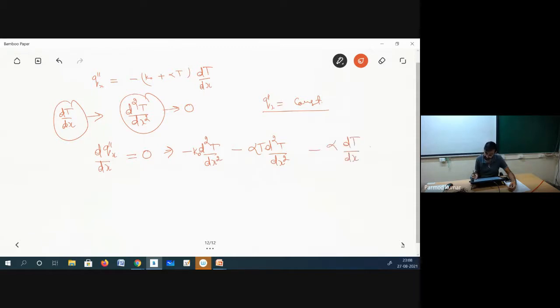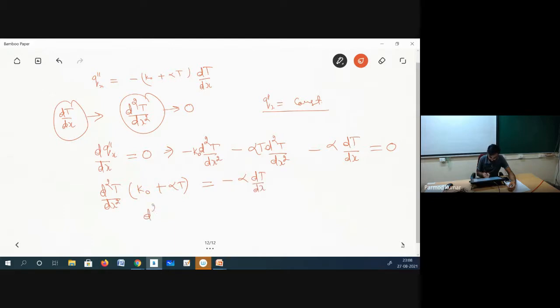Is it correct? I have differentiated it with reference to x. Now let me find the value of d square T by dx square. If I take d square T by dx square common, I will find that k naught plus alpha T, and this will be equal to minus alpha into dT by dx.